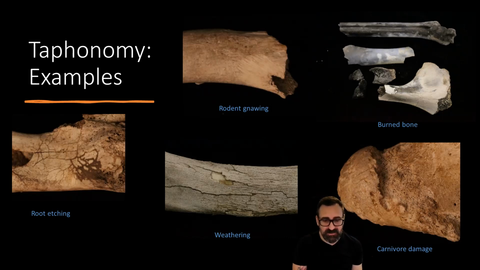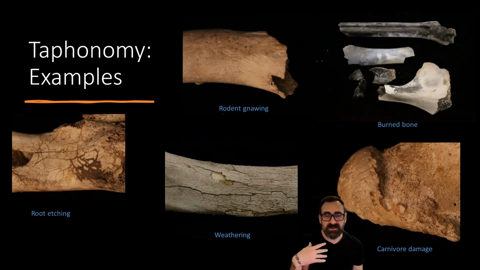Weathering right next to me. This means that the bones were exposed to the elements, so it probably wasn't buried. Also, there's no staining from the soil. So these were bones that were bleached by the sun and left out, and so there's weathering that's occurred. We've already looked at burned bone above me, but you can obviously have bones that were burned, and then carnivore damage.